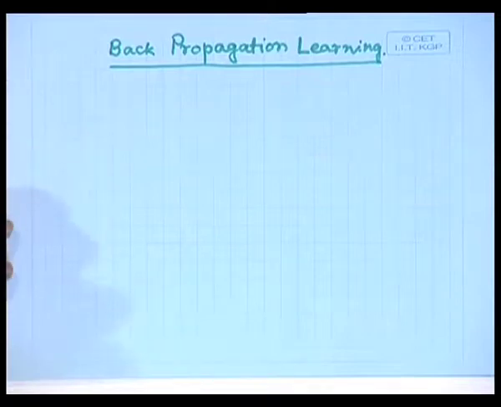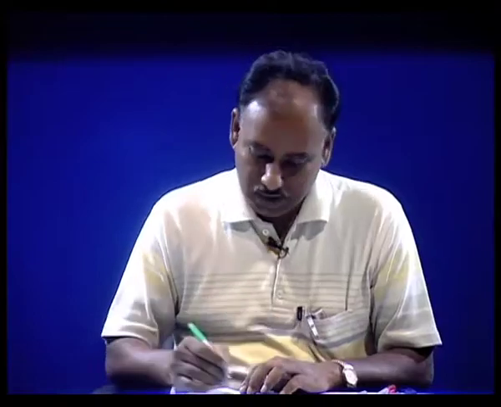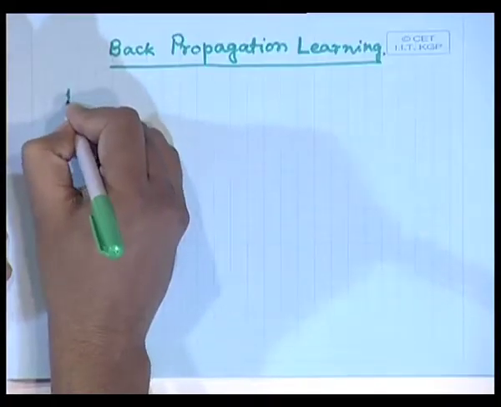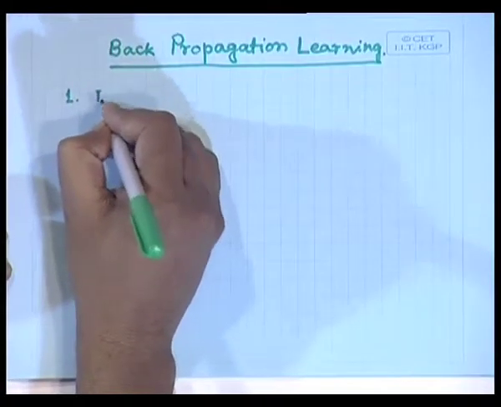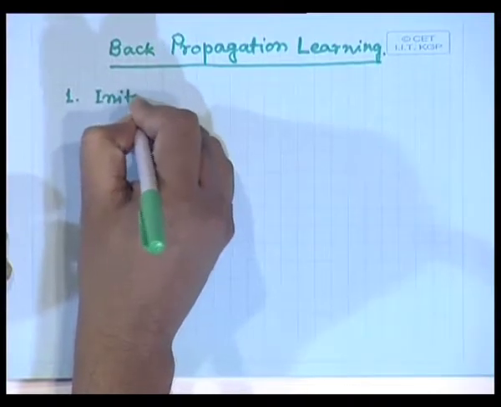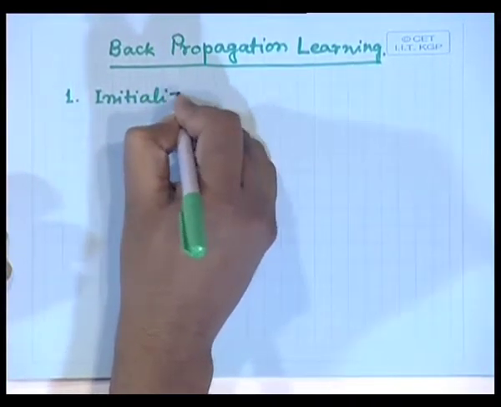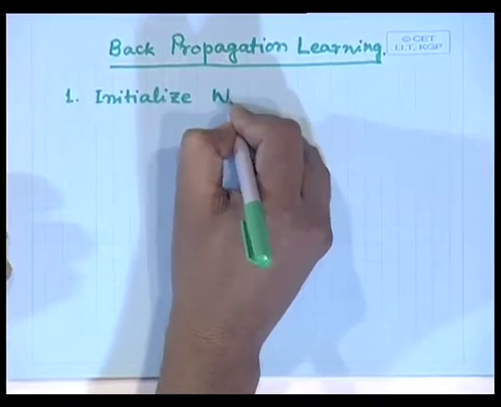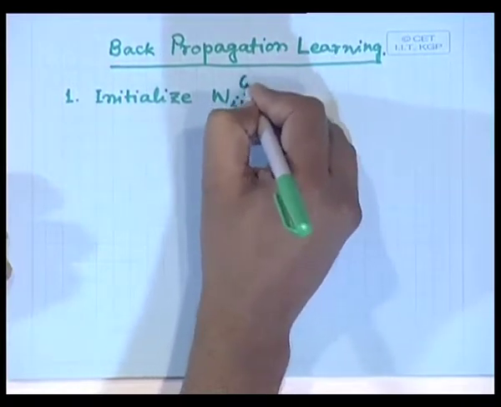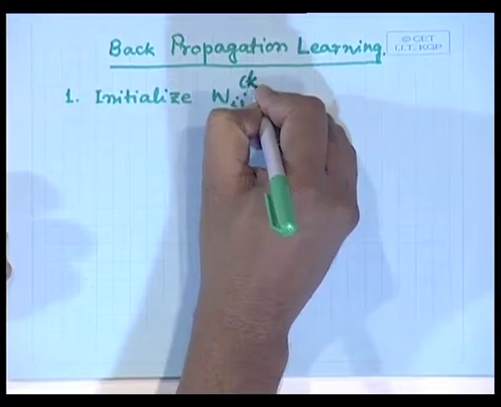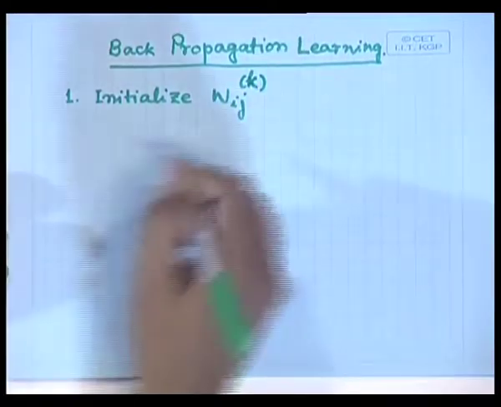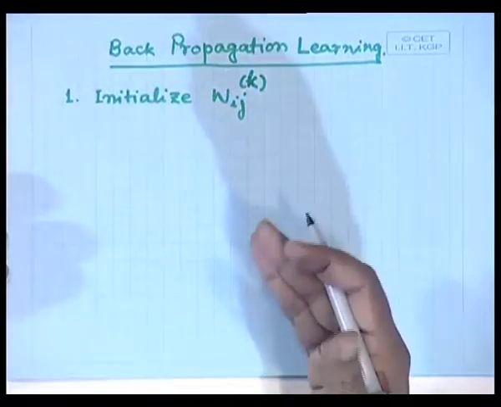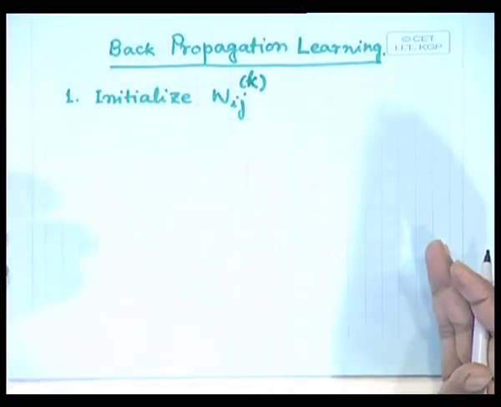Okay. So, let us see what will be the steps of this back propagation learning. Obviously, in the first step, I have to initialize w_ijk, for every connection weight, for every node i, for every node j, and for every layer k.